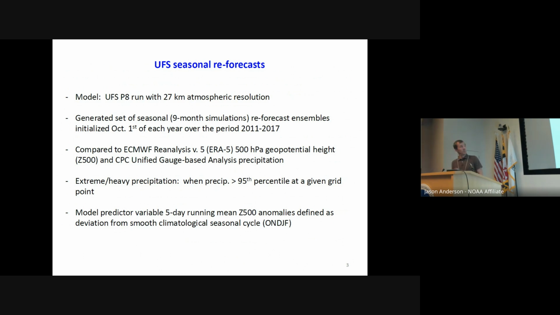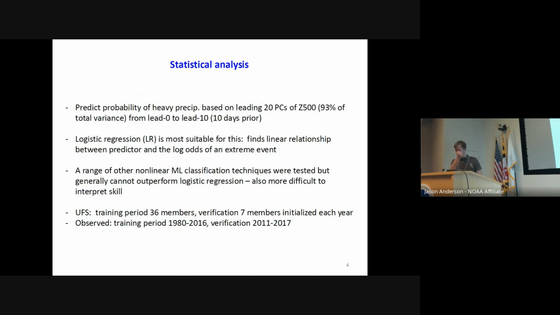There's not a lot of years, but it's a nice way to look at anomalies. I'm also looking at ERA5 data back to 1980. We truncated the Z500 to the first 20 EOFs, which is most of the variance. Then we did some lead-lag relationships, though I think I'm just showing simultaneous.